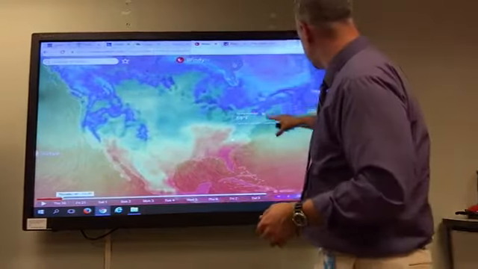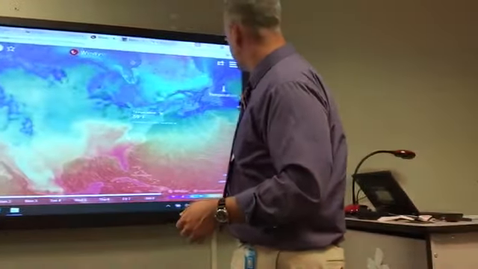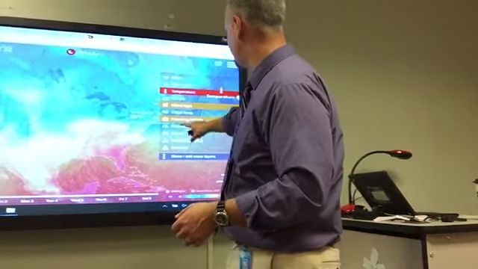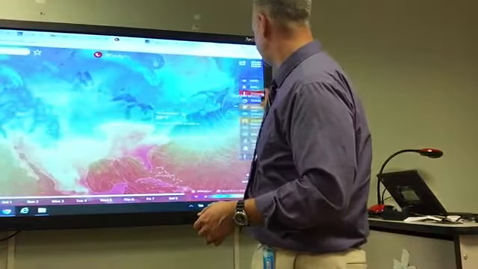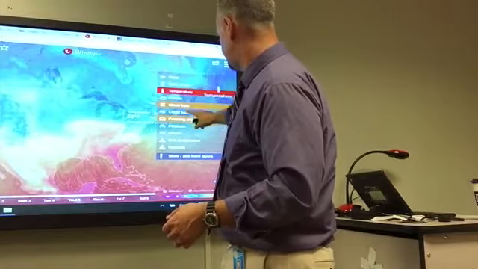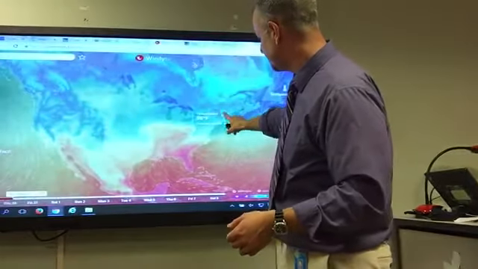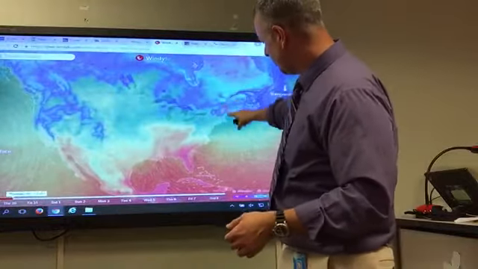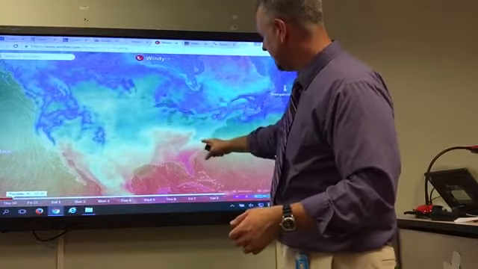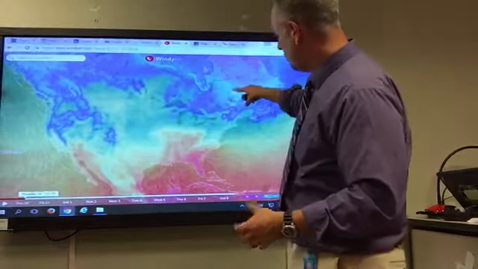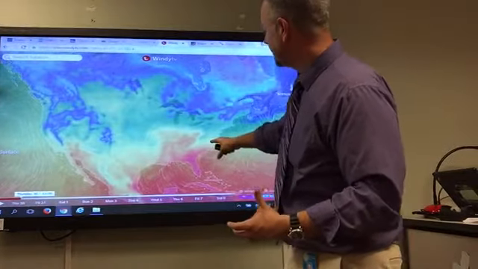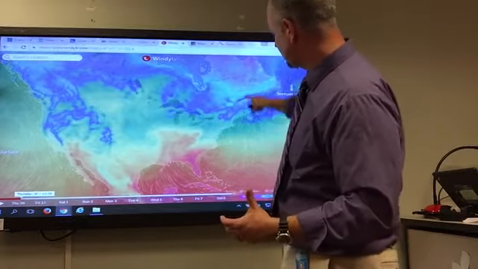So this one has our winds. Let's change it to winds. Okay, so these are our winds that are swirling on here, and have our temperatures as well. So we can see our winds are swirling in from here. We have an interesting thing with this because what I see with this is this swirl.